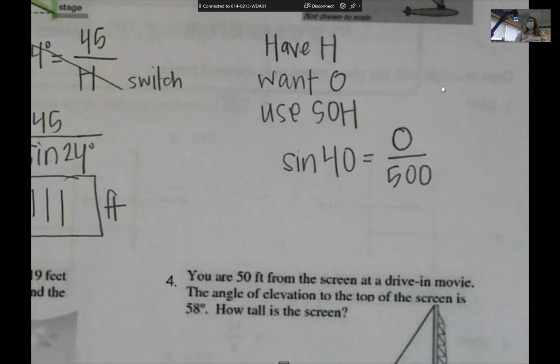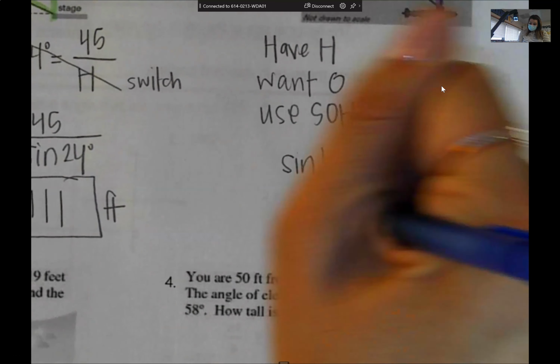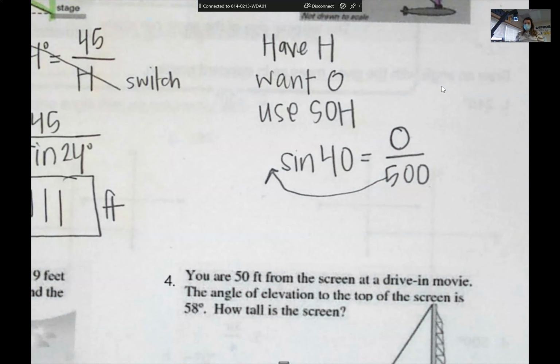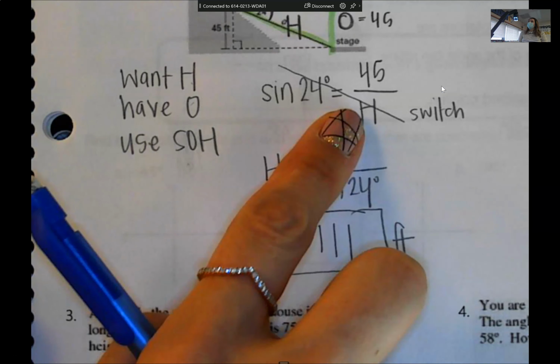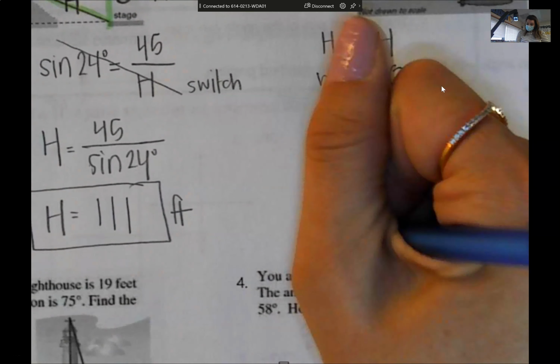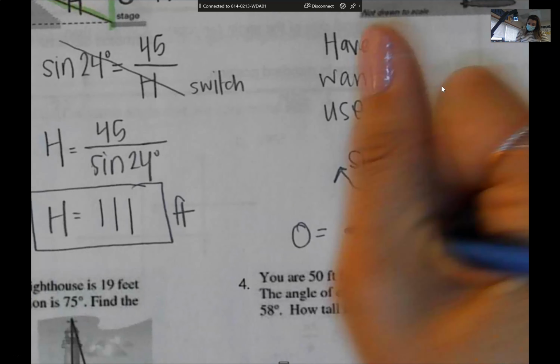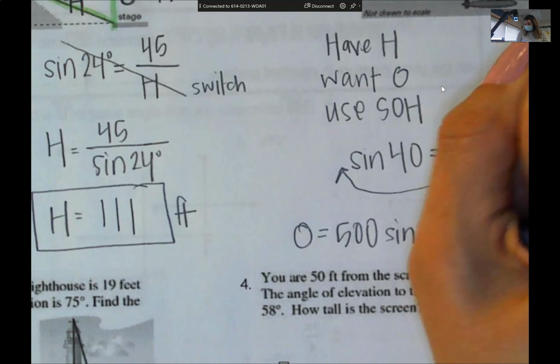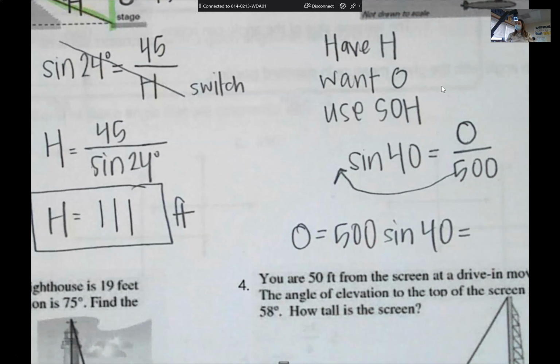Now remember, this is one where you don't switch. This 500 just moves to the front of the sine. You only switch when there's a letter there. So O is 500 sine 40.